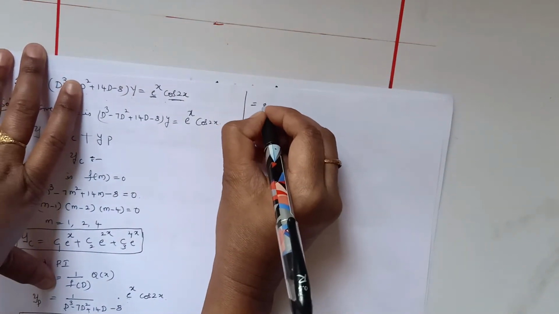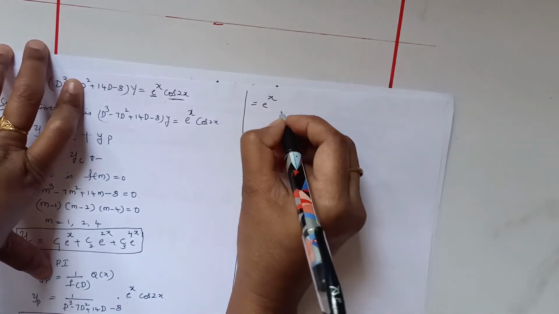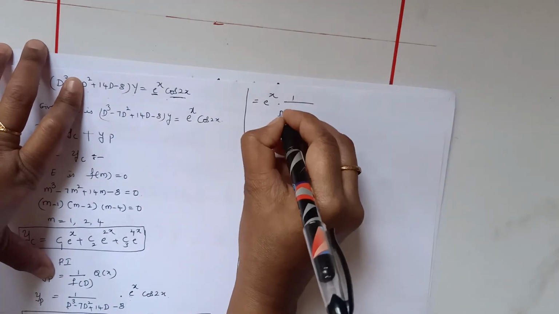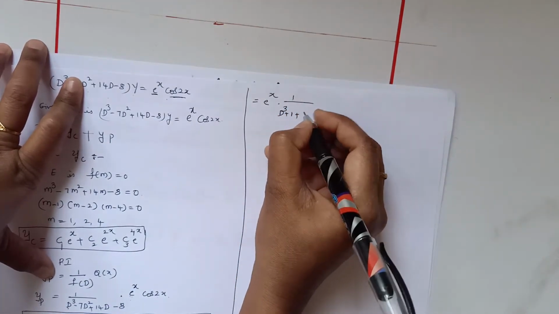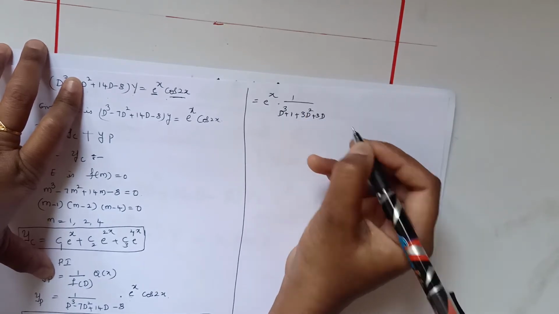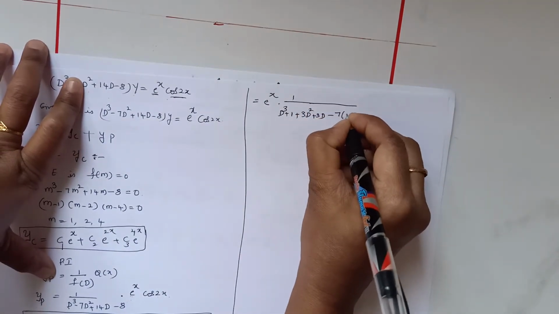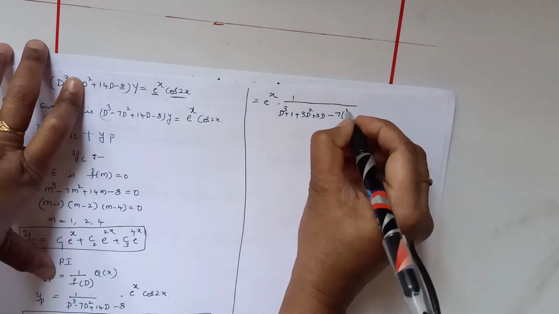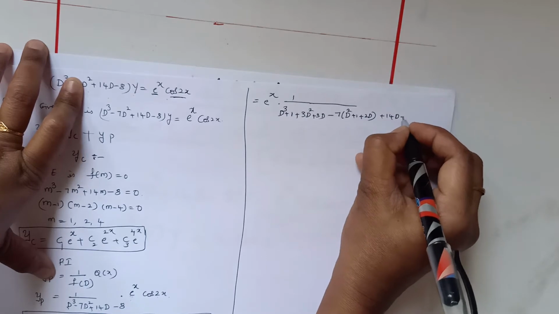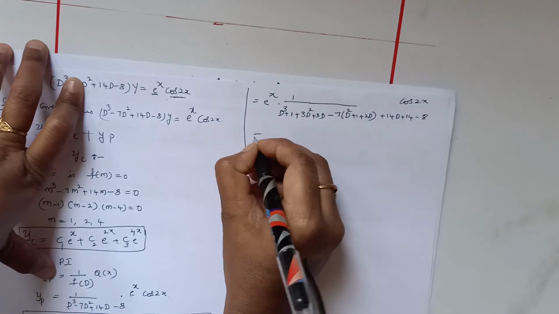This is equal to e power x into 1 by, expand this: (a plus b) whole cube is a cube plus b cube plus 3a square b plus 3ab square, minus 7 (D plus 1) whole square, D square plus 1 plus 2D, plus 14D plus 14, minus 8 into cos 2x. I have simplified.